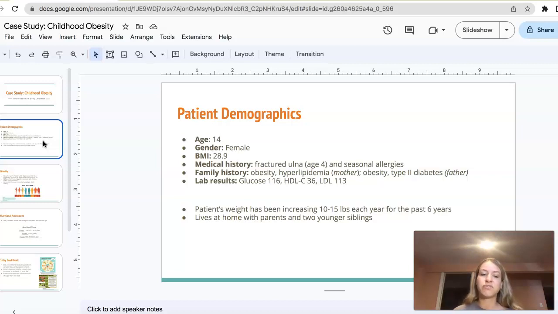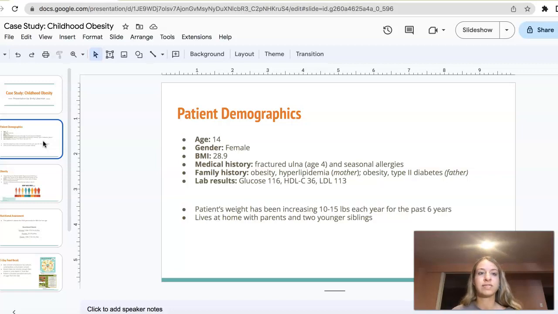And looking at her lab results, her glucose of 116 is an elevated glucose, and anywhere between 100 and 125 would be considered as prediabetes. So the patient, based on her glucose, is at a pre-diabetic level. Her HDL-C of 36 is low for the normal range, and a low HDL-C can lead to an increased risk of heart disease and stroke.